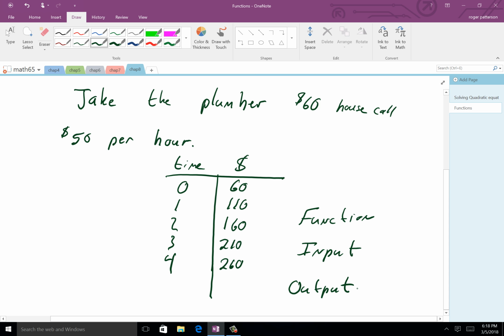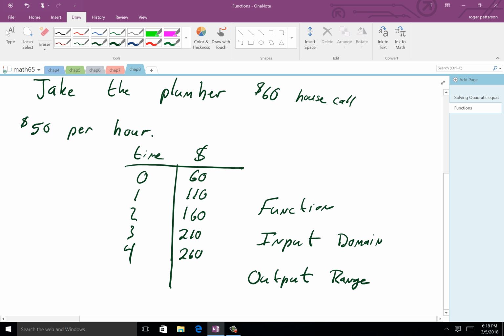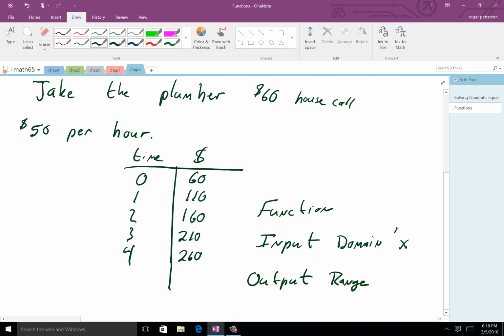You were telling me the output. So they have an input and an output. The input is always called the domain, and the output is always called the range. The domain and the range. And usually we think of domain as being the x and the range as being the y. So that's one reason why this is a good example of a function, because it has an input and it has an output.